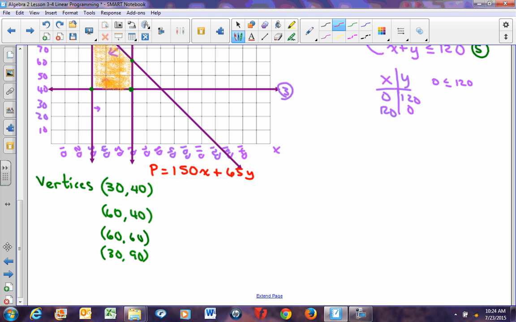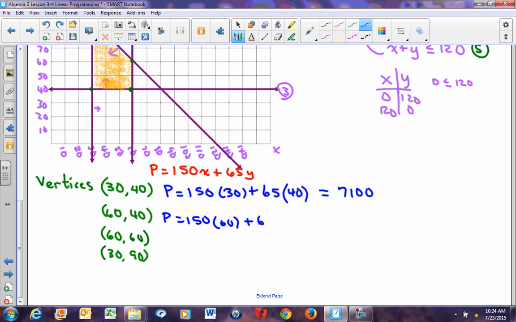So now I'm just going to simply plug in what I have into my equations to see what my final answer is going to be. So my profit here is going to be 150 times 30 plus 65 times 40. If I stick that in my calculator, that's going to give me 7,100. The second one, P equals 150 times 60 plus 65 times 40.